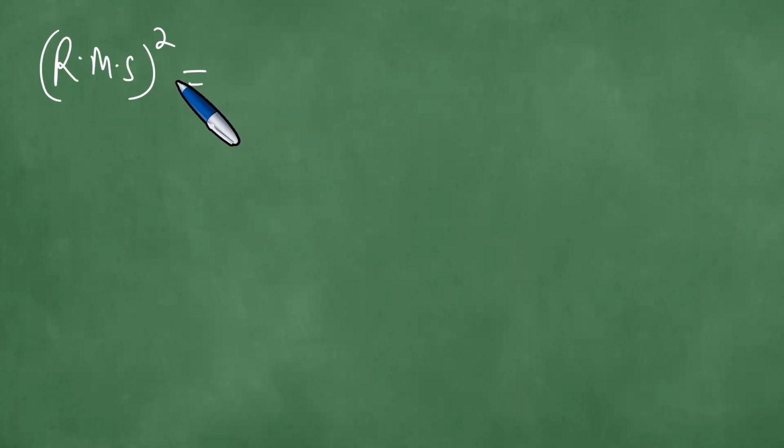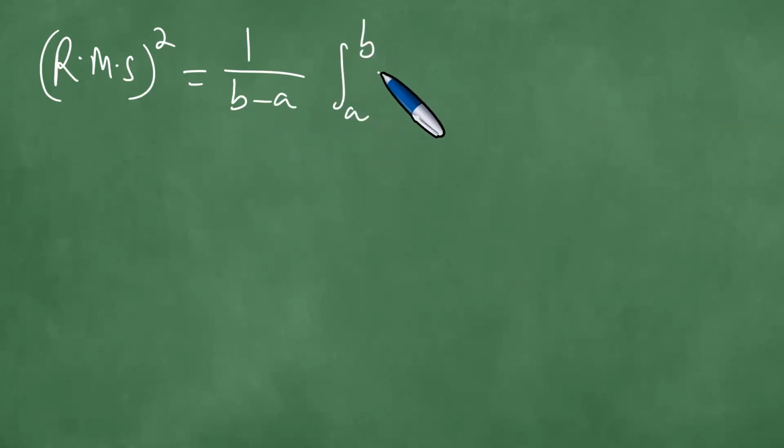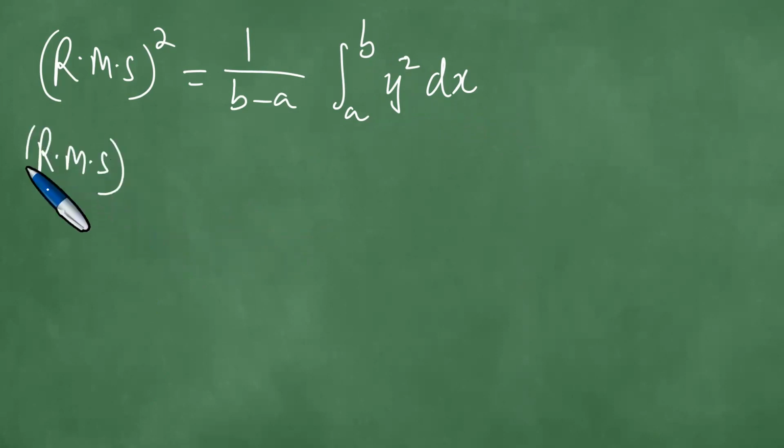We've already said a couple of things about the fact that it is exactly the same as 1 over b minus a, the integral from a to b of y squared dx.